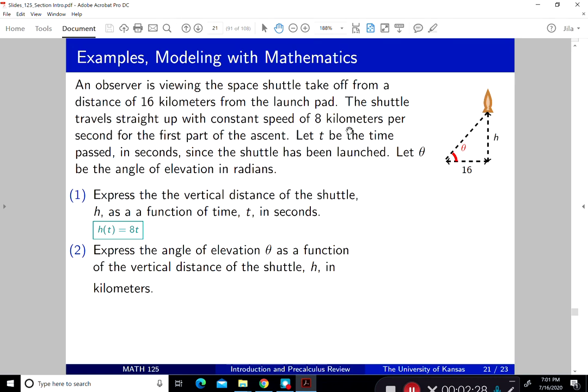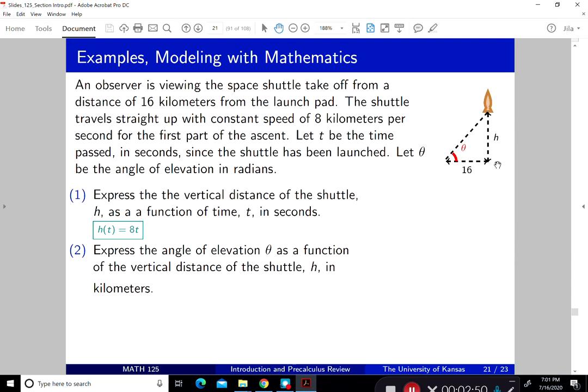Okay, so the first one was something we knew from the past, how to relate the constant speed to the distance traveled, and here h is the distance traveled. Now this part of the question is asking to relate theta and h. Theta is over here and h over there.